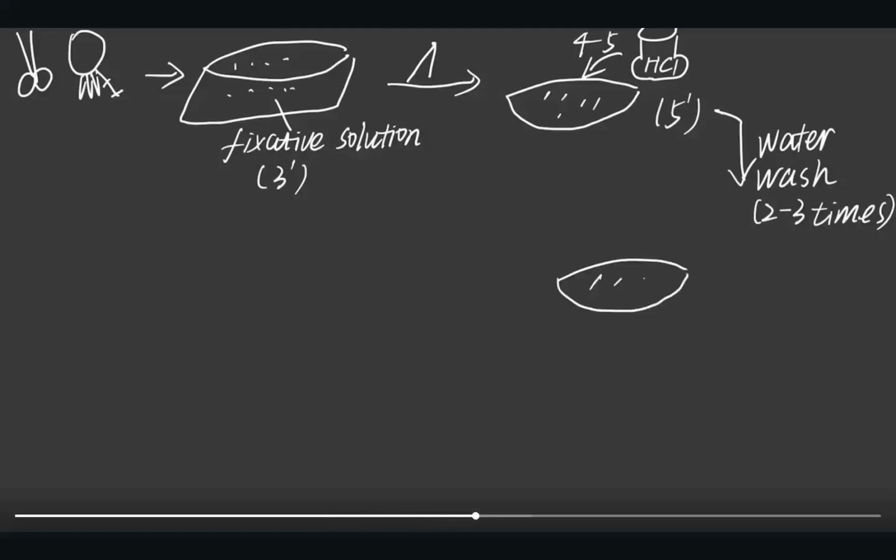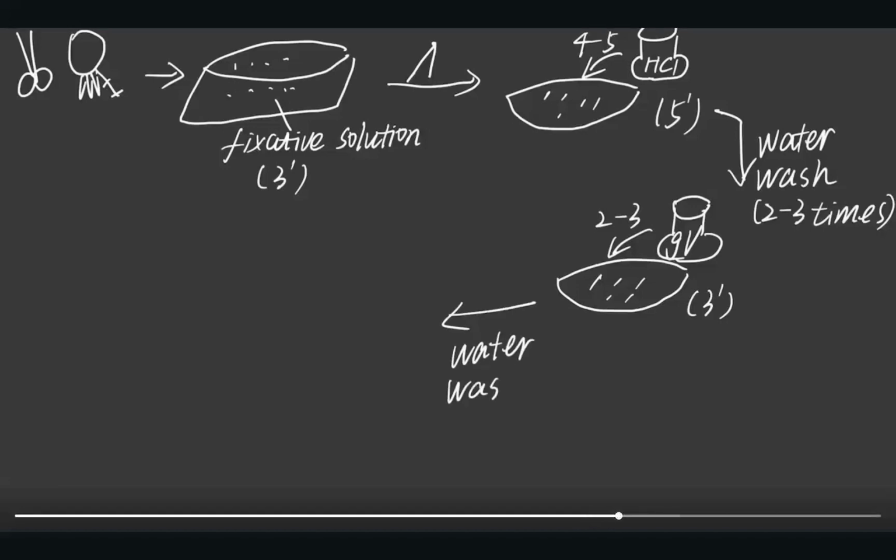The next step, we apply 2 to 3 drops of 0.8 Janus green stain to cover the root tips, ensuring they are fully immersed. We allow the root tips to soak in the solution for 3 minutes. In similar steps, we wash the root tips with water, repeating the process 2 to 3 times.